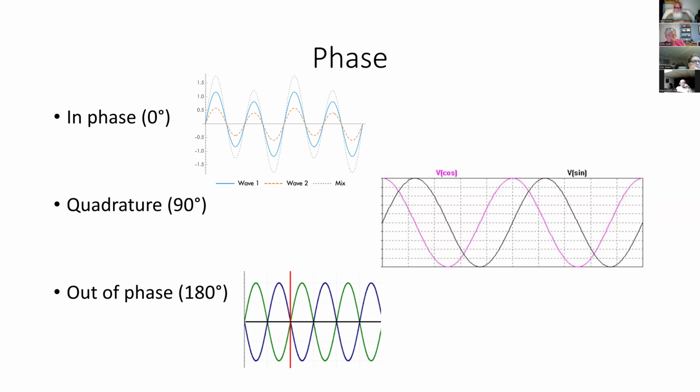So for instance, in multipath propagation, you have two paths for signals coming to your receiver, because one might be direct and the other might be bouncing off a building, and those path lengths are changing. So the relative phase angles of the two signals are changing, and when they're 180 degrees out of phase, you tend to get nulls in the signal, which you can hear as picket fencing.